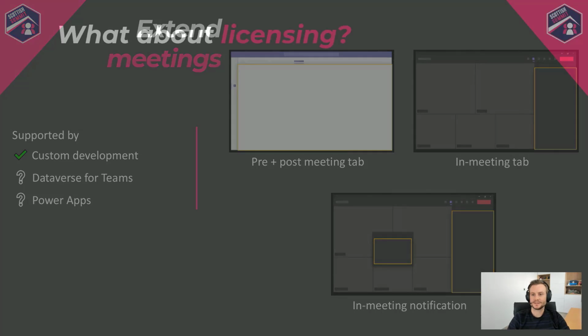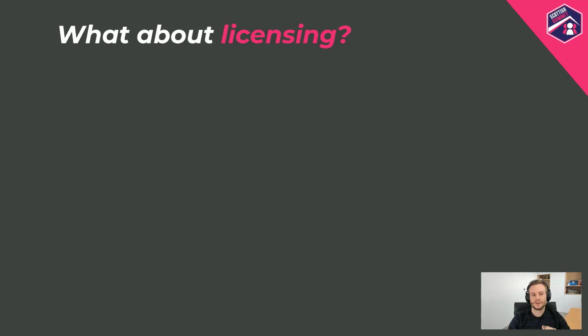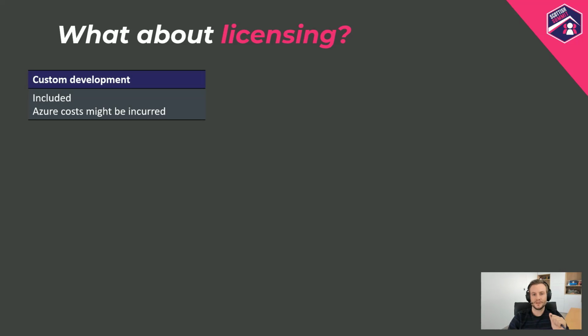And last but not least, what about licensing? So custom development is included in your Teams license. So if you have Microsoft Teams included in your Office 365 license or whatever license you've got that includes Microsoft Teams, you can also do custom development.